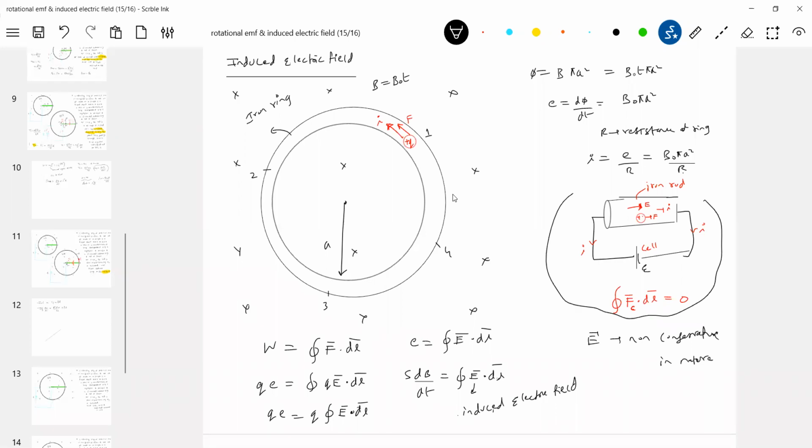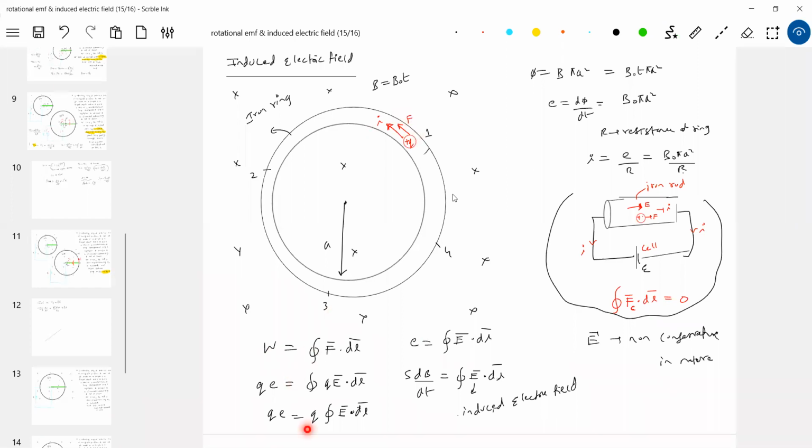If the work done in a closed path is zero, then who will account for that heat generated? Is it okay in terms of the energy aspect? If the work done by this force F acting here is zero, then no heat should be generated. We know if a current flows in this ring due to a varying magnetic field, heat will be generated. So the work done by this force must be non-zero.